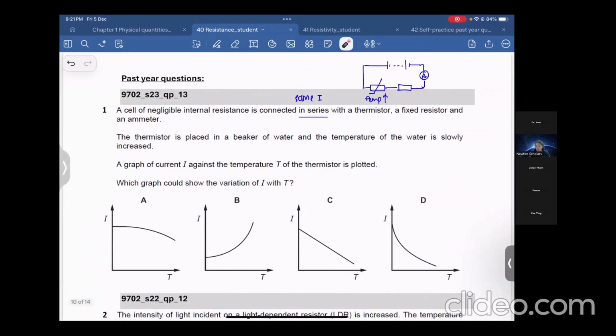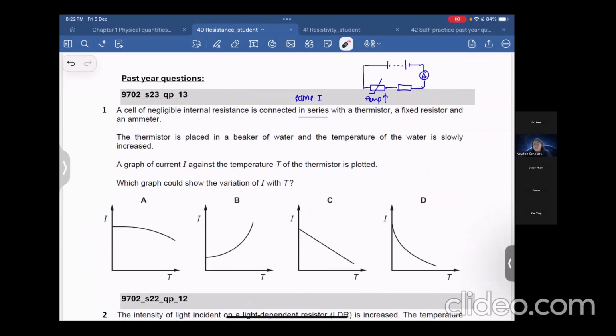Now it is current. So Wesley, ask yourself, when temperature increases, what happens to your resistance? Then what happens to your current? But in the end, your answer is correct right now. You know why, dear Wesley? You already understand the concept. Fatima, correct.